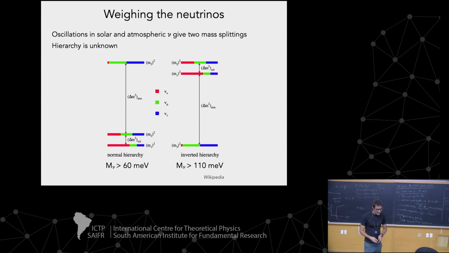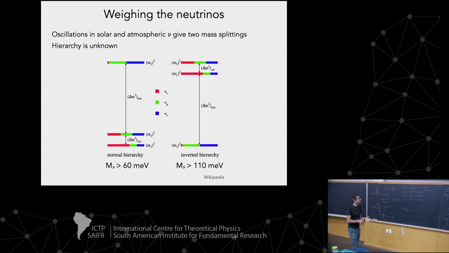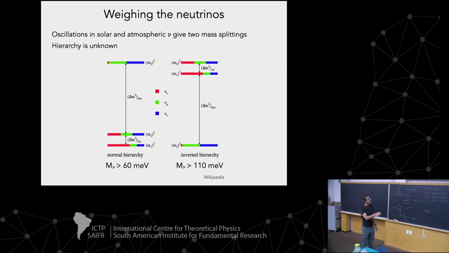So how does cosmology tell us about those masses? The kind of masses we're thinking about, just to give you an order of magnitude, are numbers like this, of order less than an electron volt. And if you remember, what was the temperature of the CMB when it was emitted?